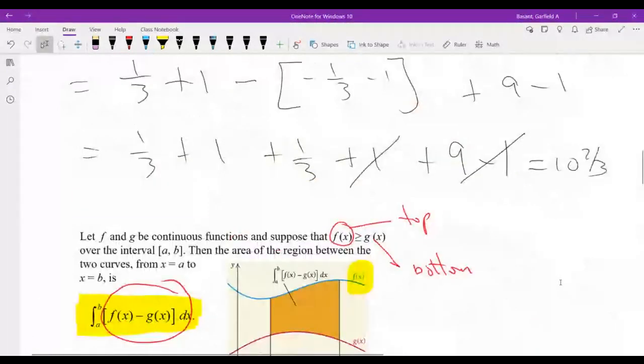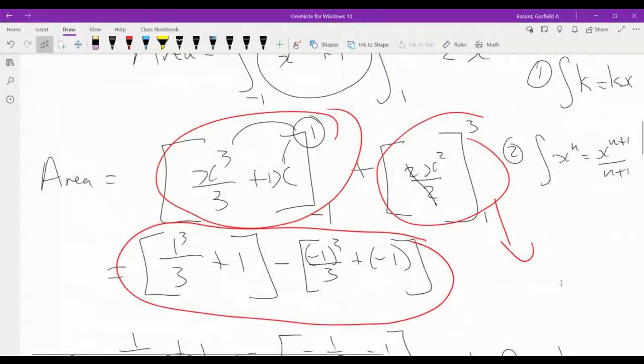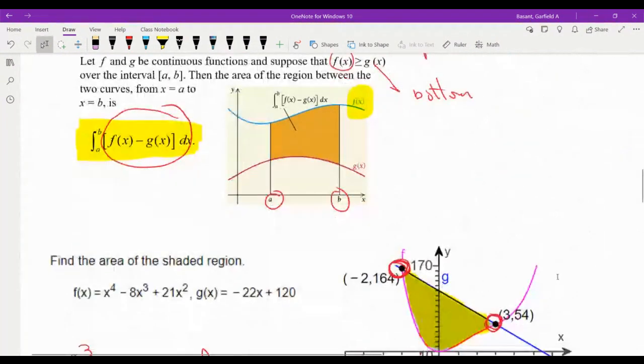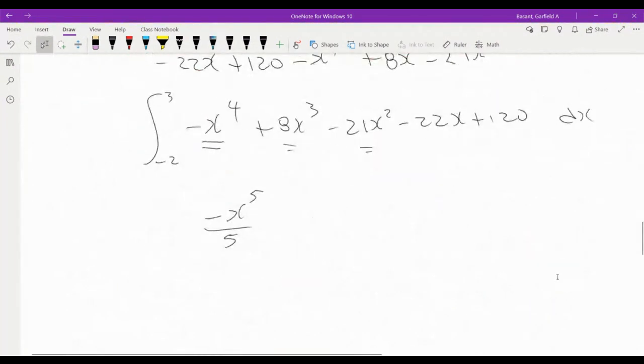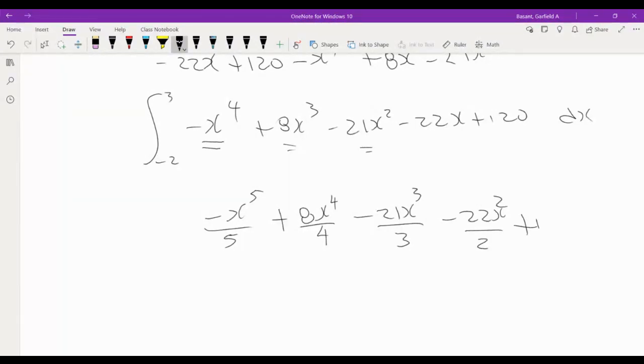Because we're going back to this rule up here where you add 1 to the exponent and you divide by the new exponent because n is not equal to -1. Plus 8x to the fourth over 4 minus 21x to the third over 3 minus 22x squared over 2 plus 120x.